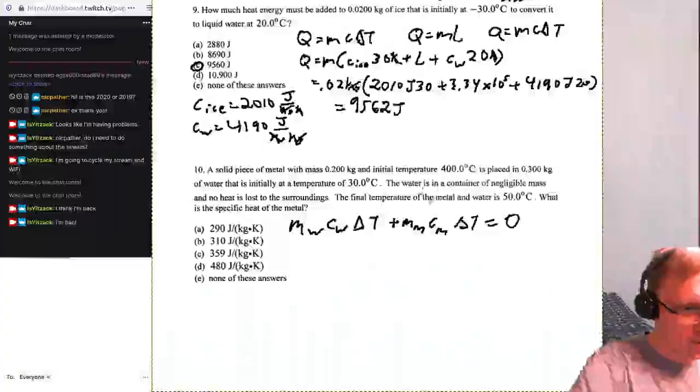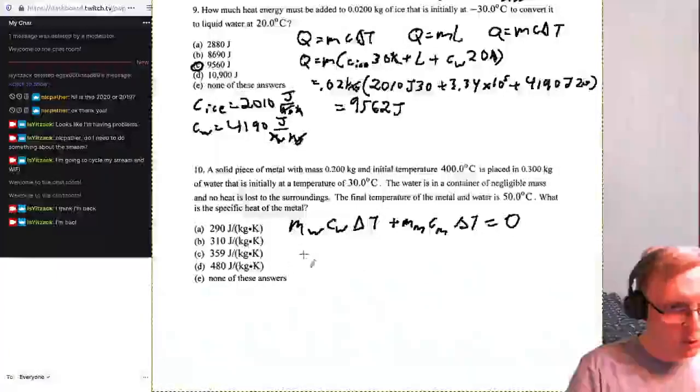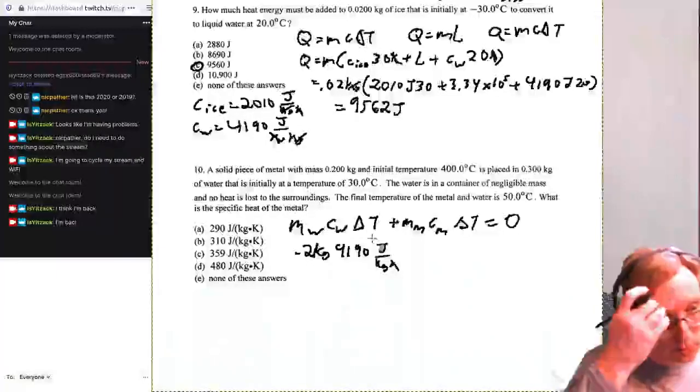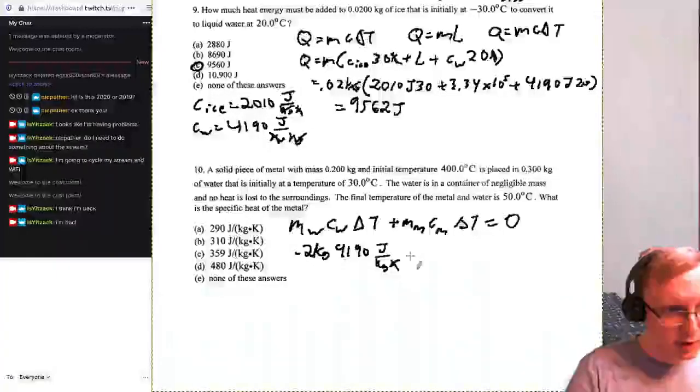Let's see here. We'll go ahead and punch in some numbers. Mass of the water is 0.3 kilograms. Water is 4190 joules per kilogram Kelvin. The temperature rises 20 Kelvin. Kelvin cancels Kelvin, kilogram cancels kilogram, we have a joule.